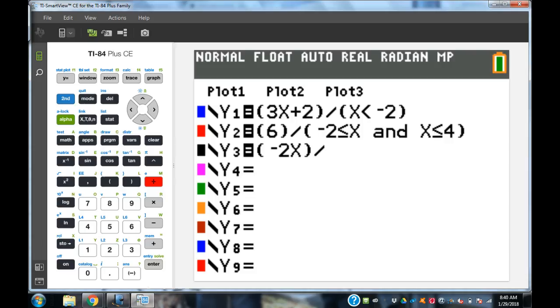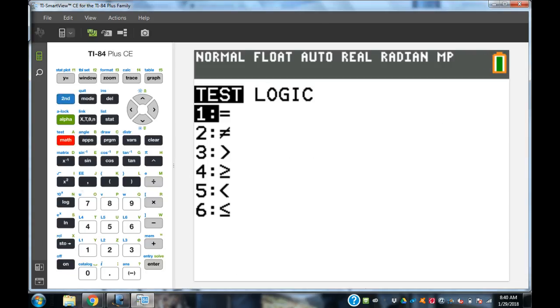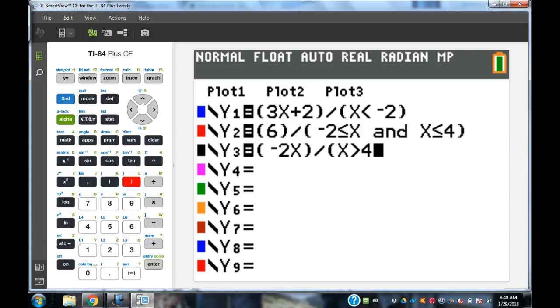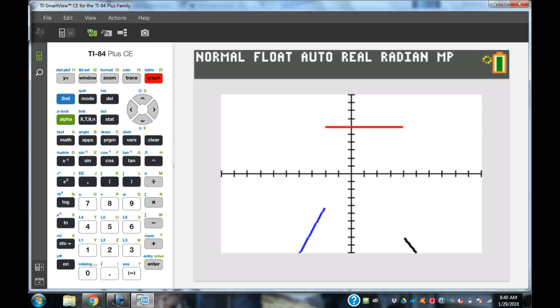Divided by, and then we're doing x is greater than 4, so that's not too difficult. And there we get that piece there. You can see just a little bit of it. So we can get the graphing calculator to draw them. It helps us decide if we did it right or not, if we can type it in correctly. The typing it in correctly is the difficult part.